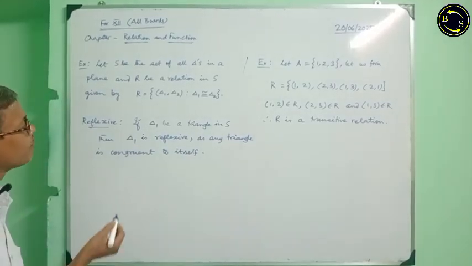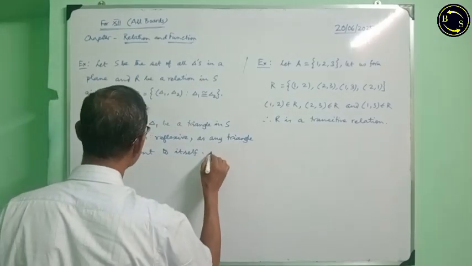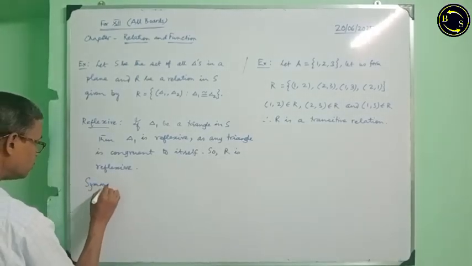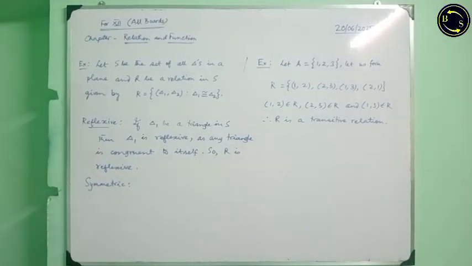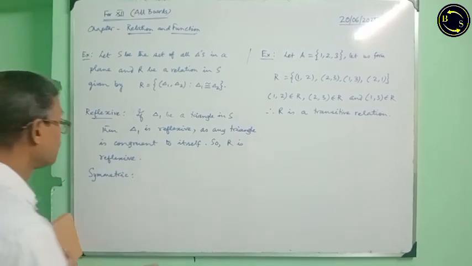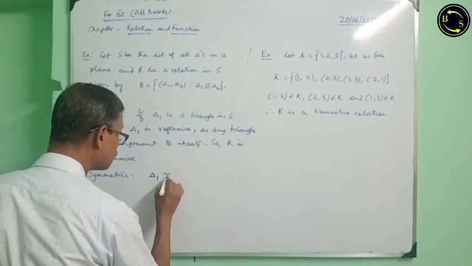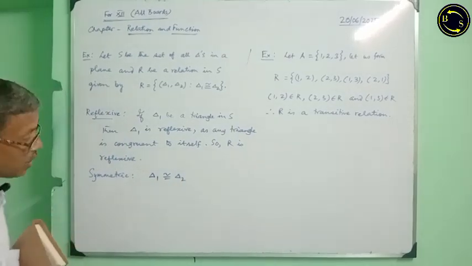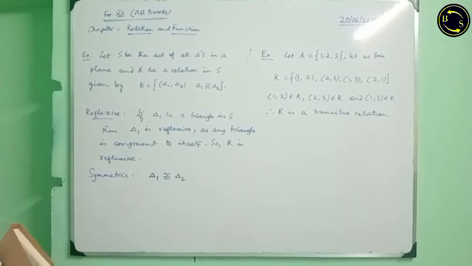Then symmetric, or you can write reflexivity, symmetricity. If delta 1 is congruent to delta 2, then we can say, on the contrary, delta 2 is congruent to delta 1.